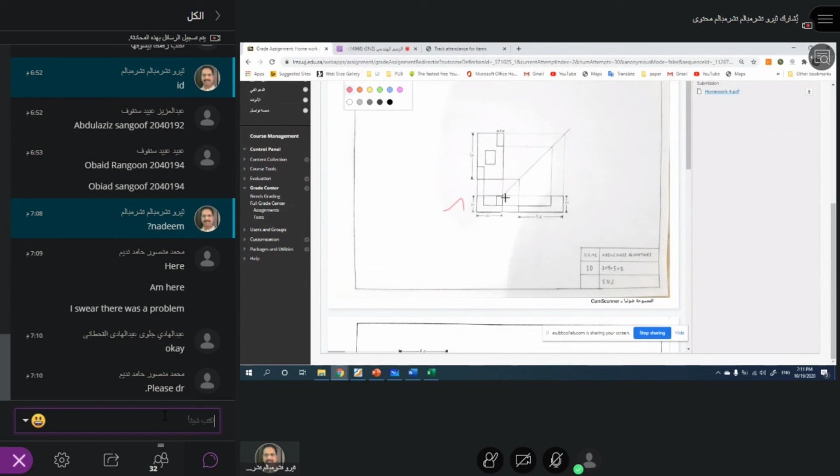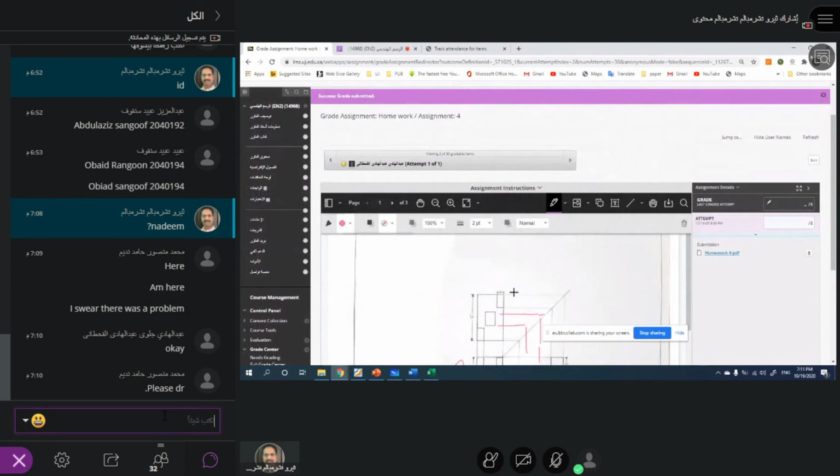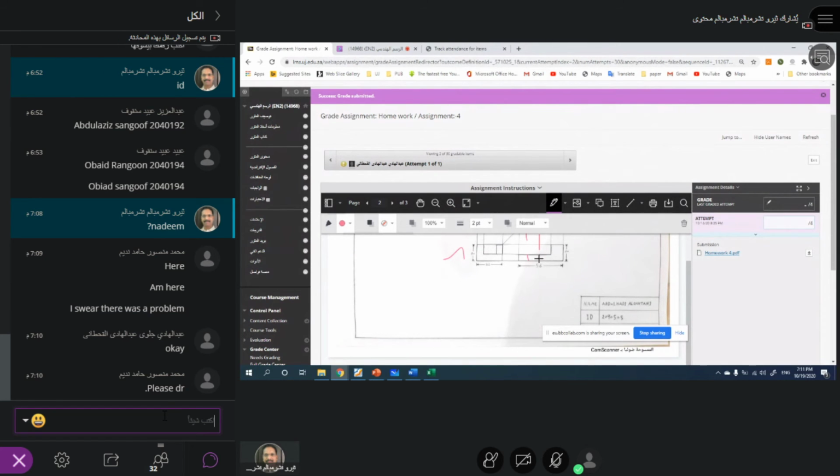You are good, no problem. This is correct. The only thing is the hidden line. Mark it here, and then you draw the hidden line. The hidden line is correct.